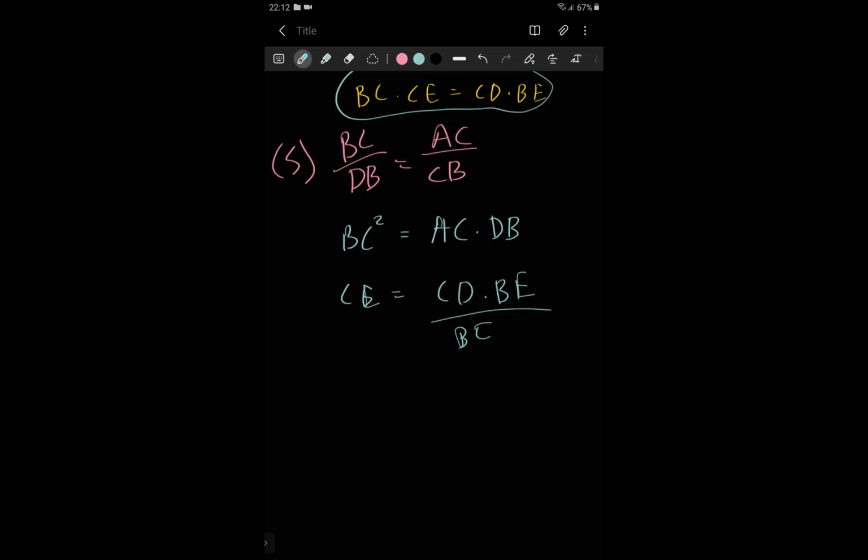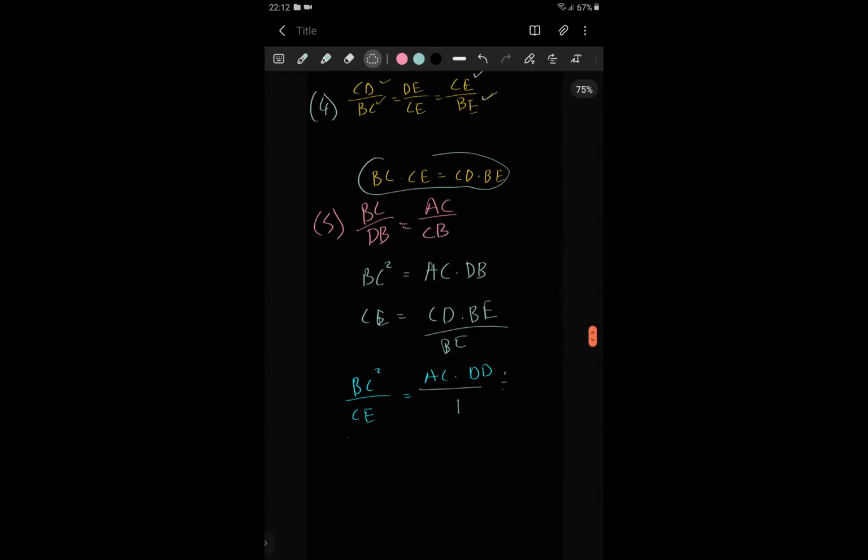This divided by this, BC squared over CE, is going to be AC dot this, right? If you're dividing by a fraction, you can put this over 1 and then divide by the fraction, so you just flip it over and multiply. Dividing by this fraction here, I get CD, BE, the whole thing over BC.